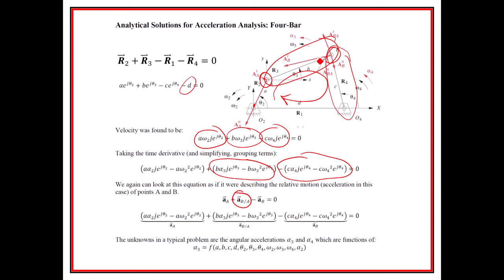So it's typically going to be the coupler's angular acceleration is a function of the lengths of all the pieces, the positions at that time, and the angular velocities at that time, and then the angular acceleration of the input, the crank. And very similar for the other angular acceleration, the angular acceleration of the rocker.